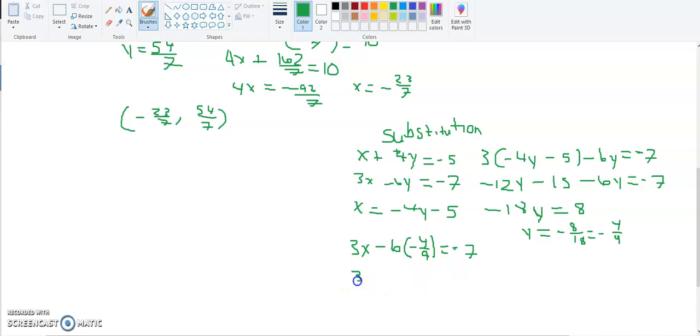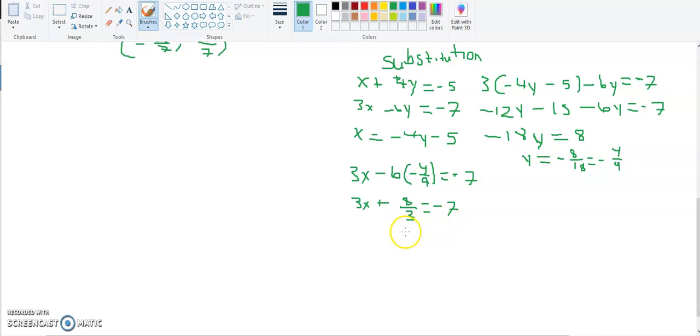So I now have 3x minus minus is going to cancel. And so 6 is 3 times 2, so that becomes 8 thirds, because that would be 24 over 9, which has a common factor of 3 that reduces to 8 thirds, so yeah, that is correct. And that's equal to negative 7.